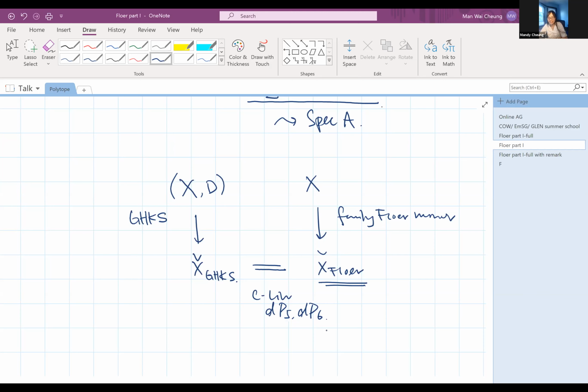I'll ask a question. This question might be better asked later, but is it dependent on this? As you say, DP6 is for B2. Is it dependent on the choice of compactification, or are you saying DP6 just because B2 happens to have a compactification?